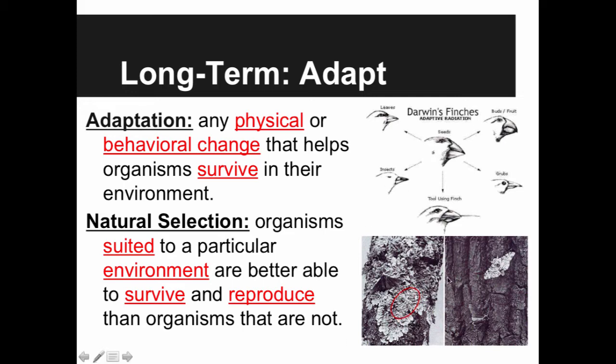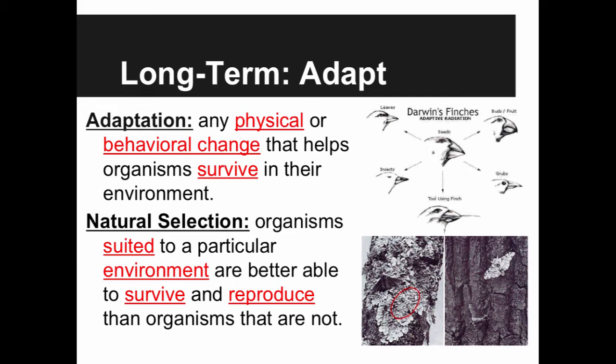So let's take an example and look at the moths, okay? In England, back before the industrial period, there were a bunch of trees and they had a lot of lichens growing on them. So there were 2 types of moth, the white moth and the black moth. Well, as you can imagine, when the trees were very light in color, the black moths just stood out. So birds would constantly eat them.